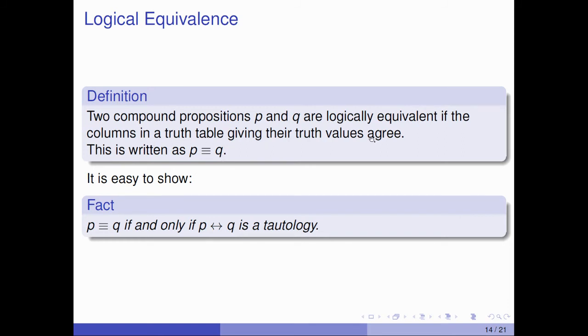So if their truth values agree, they are logically equivalent. It is easy to show that P is logically equivalent to Q if and only if P if and only if Q is a tautology.